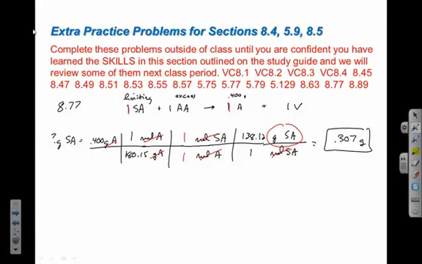Part B, calculate the amount of salicylic acid needed if only 74.9% was converted to aspirin. What we just calculated here was assuming 100% of the salicylic acid is converted to aspirin.